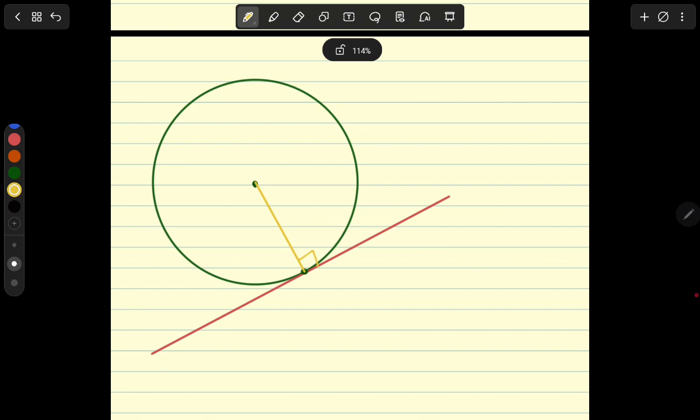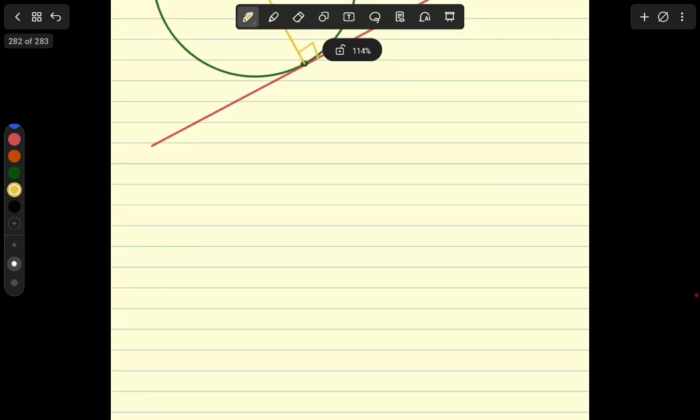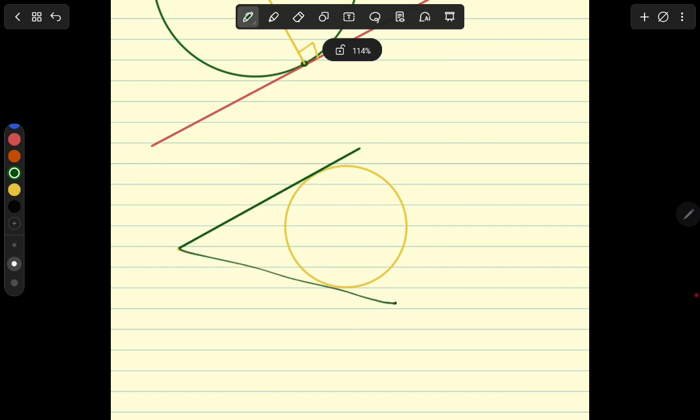So this is the tangent property, and this is most examined because a lot of times the examiner is going to give you a point outside the circle and is going to say that there are two tangents originating from this point to the circle, and there are going to be only two of them, right? There can't be a third one because the third one is going to intersect or not be a tangent, right?